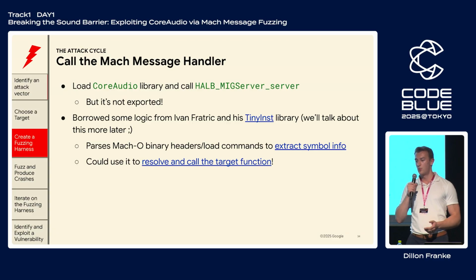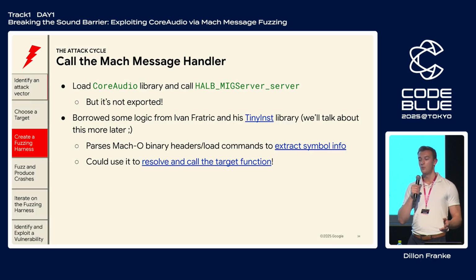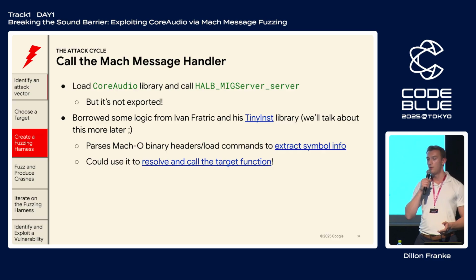But what we can do is borrow some logic from some very nice libraries. The one I chose is TinyInst, written by Ivan Fratric. We'll talk about this more later. It's very useful. Basically, it's able to parse the Mach-O binary headers and load commands, extract the symbol info, and then we can use it to resolve and call the target function that we care about, even though it's not exported.